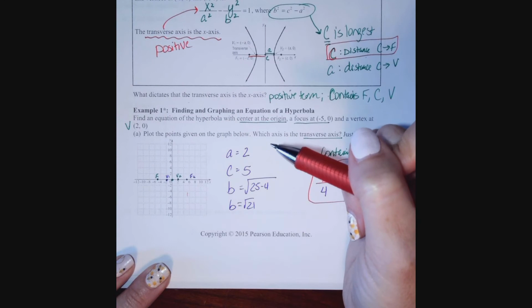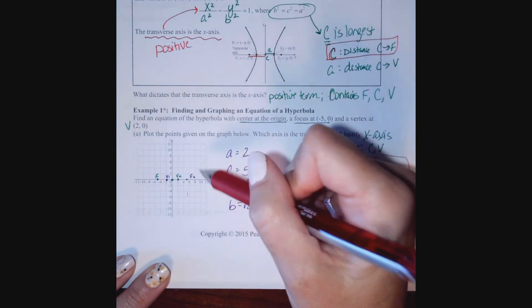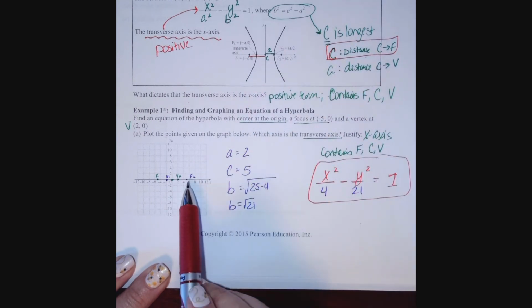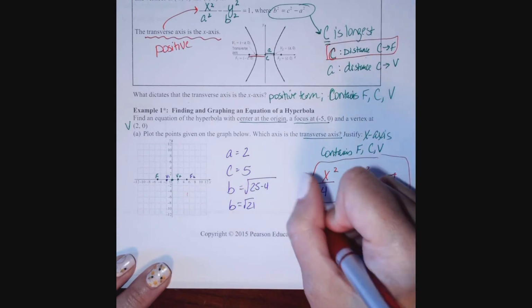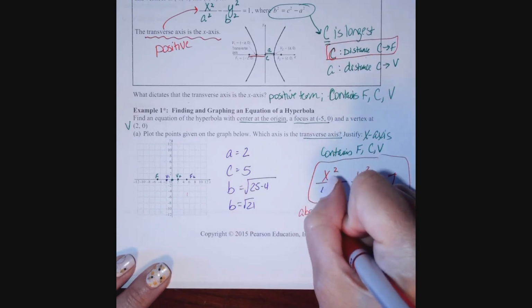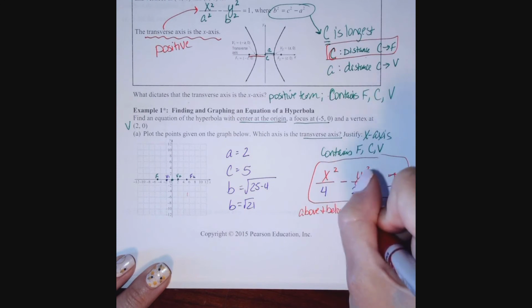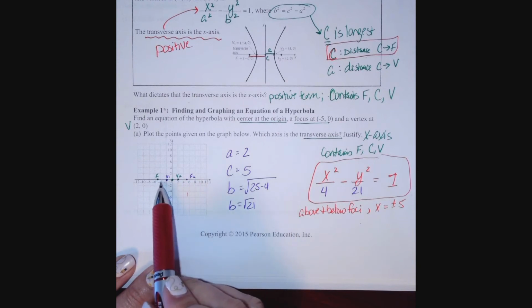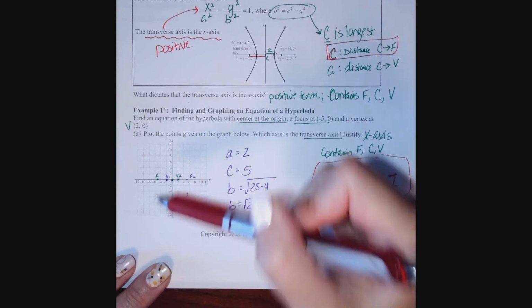Now remember when we plotted our parabola, we called that the latus rectum, that distance from the focus up and the focus down. Well, here my focus is on the x-axis, so we have an x value to plug in. So if we want to find the points above and below the foci, we can plug in x equals plus or minus 5, because -5 is over here, positive 5 is over here.